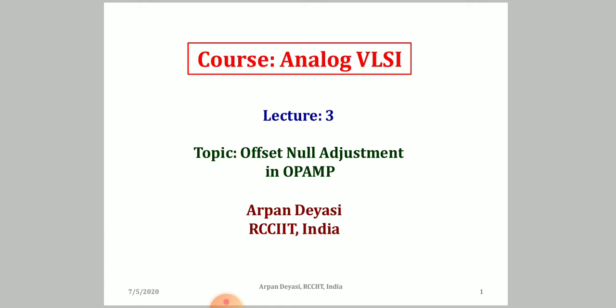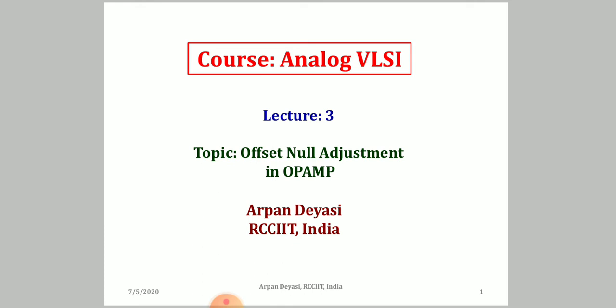In the second lecture, I discussed the equivalent circuit of a practical OPAMP, the different components we have considered along with the ideal OPAMP, why we considered them, and the rules in order to design the operational amplifier. These are the major steps we have already covered.